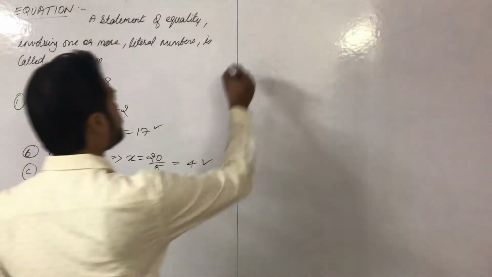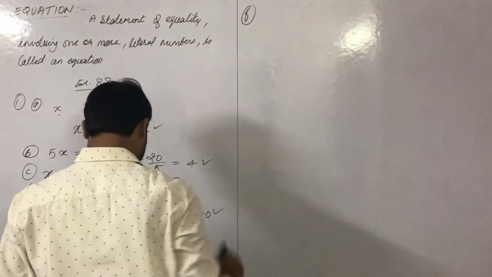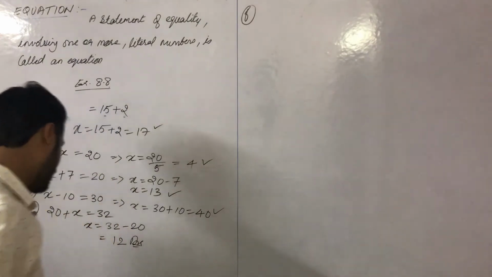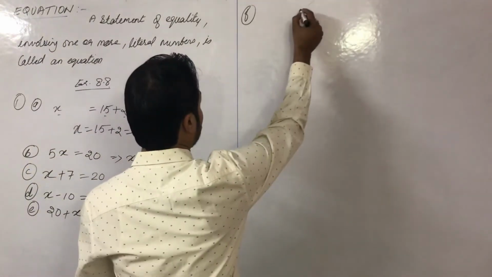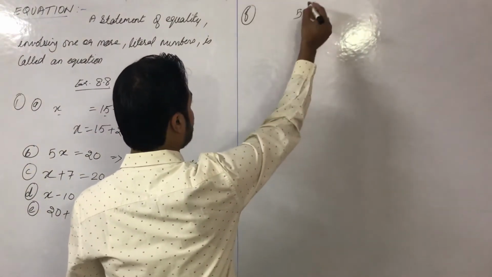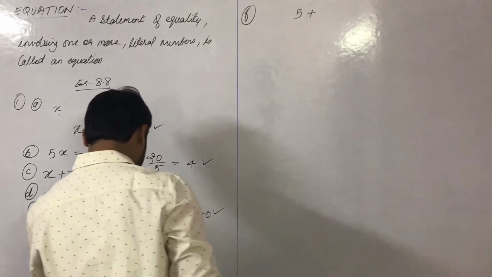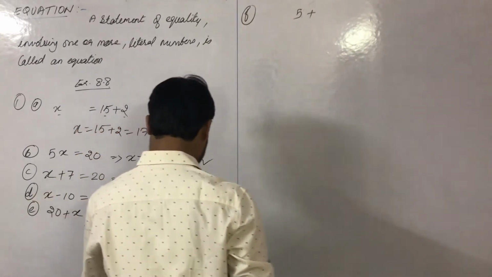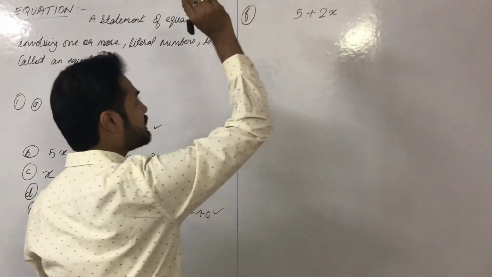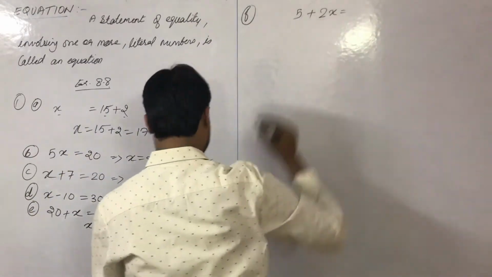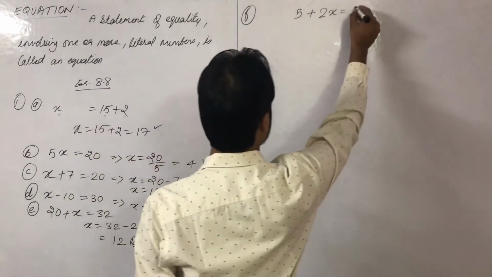Next, part F. When 5 is added to twice a number, it is 15. When 5 is added means plus, to twice a number, which is 2x. It equals 15.